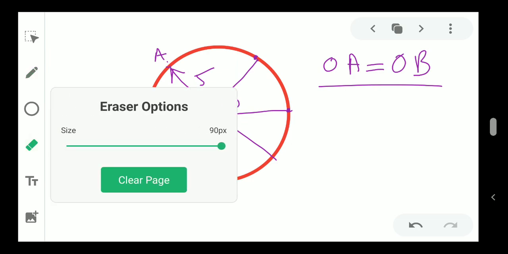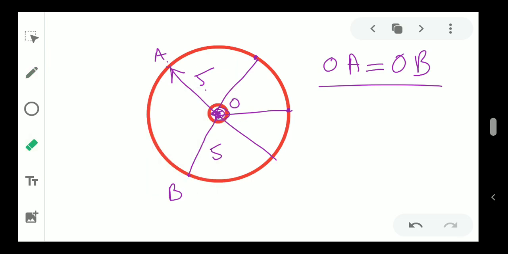So the quantities which must have some direction are called vector quantities. Vector quantities are those quantities which have some direction. Now which are vector quantities?